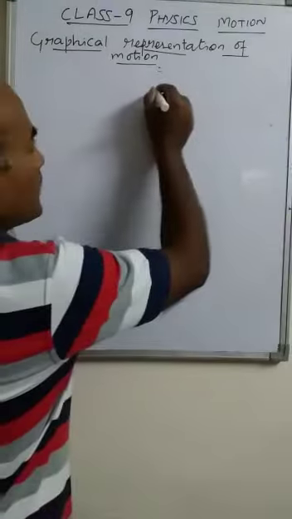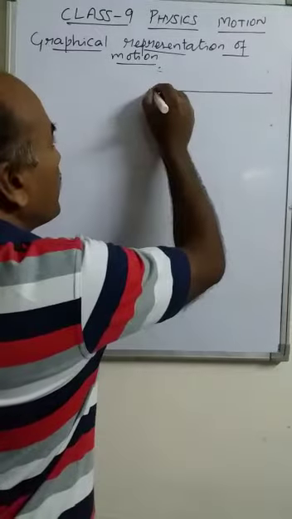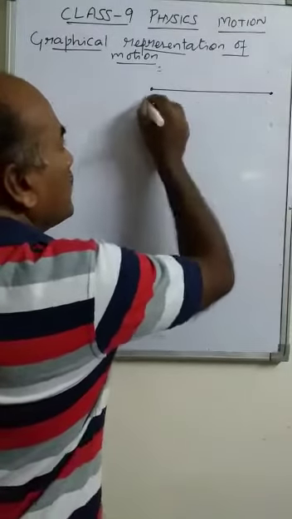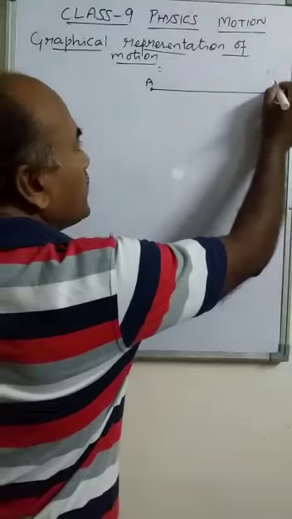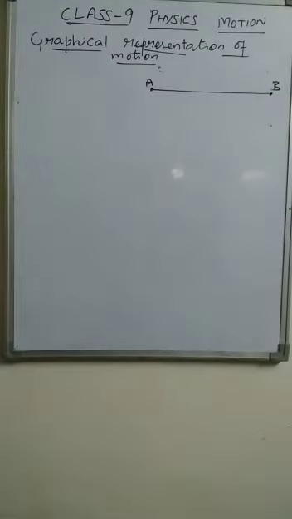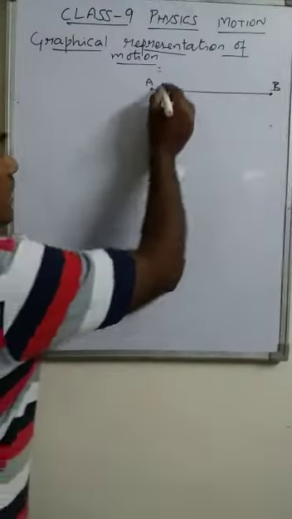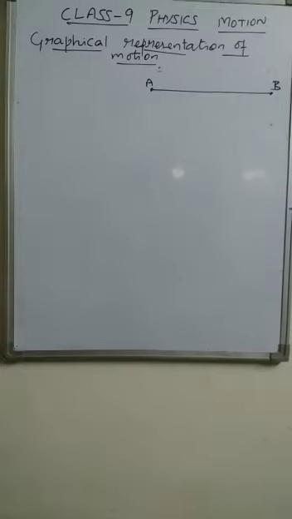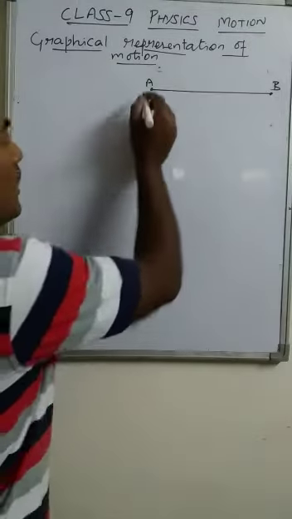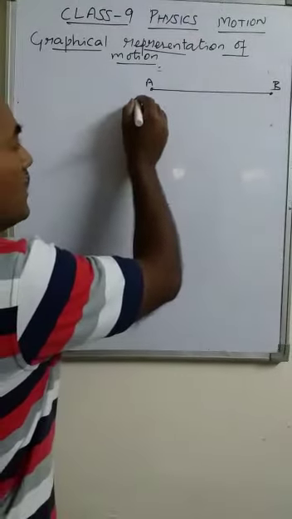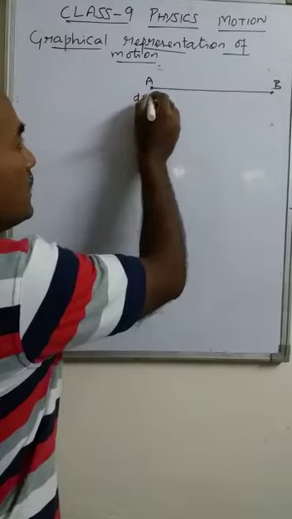Now let us start from that previous part, that when any object is moving in a particular direction, from one point to another point. Let us take the object is traveling from point A to B. In this case, A is the starting point. Here we take, at this point, the distance is 0.